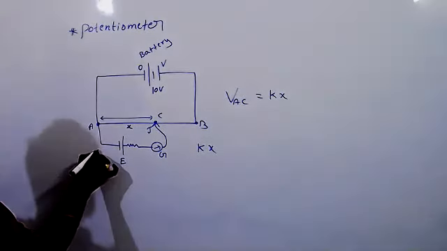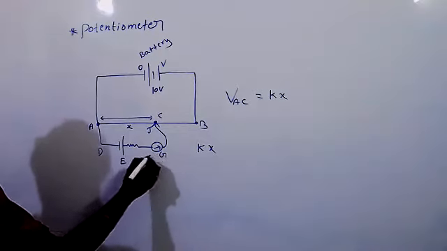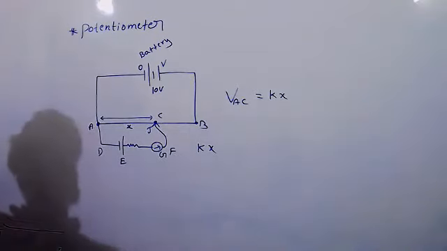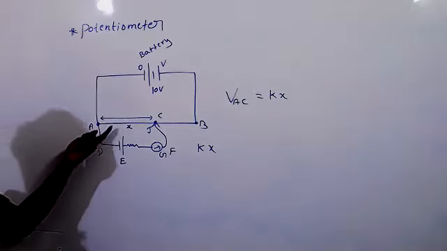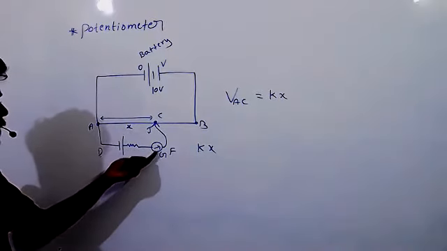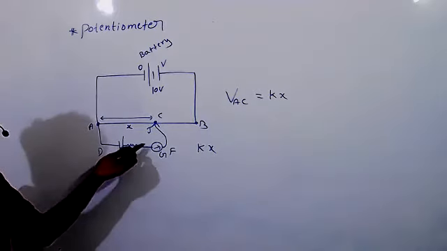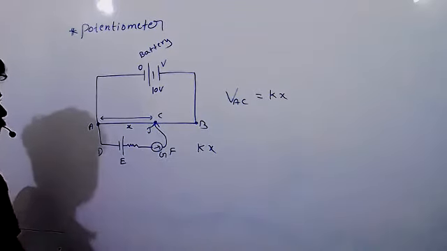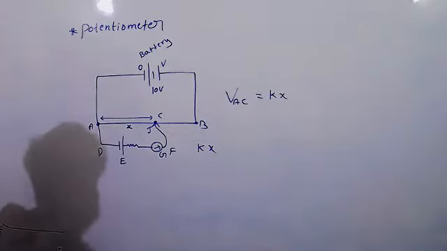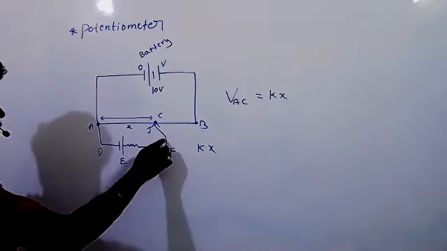Take it like D and F. Now, it is balanced. Balanced means, is any current passing through the galvanometer or not? No, sir. No current is passing, right?